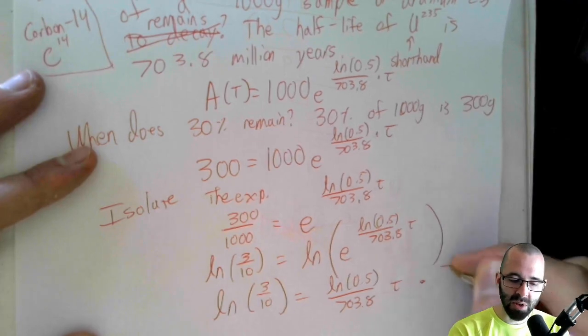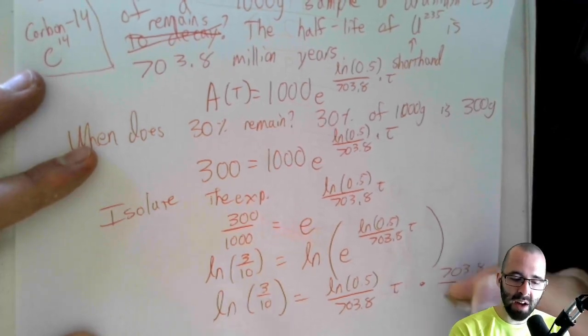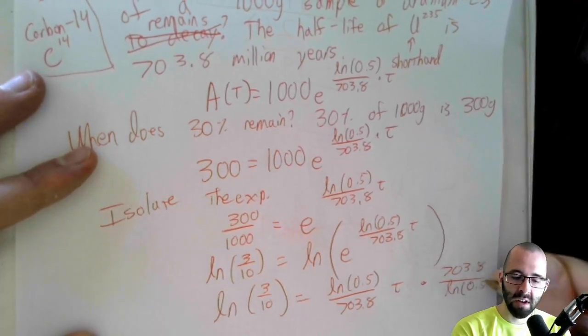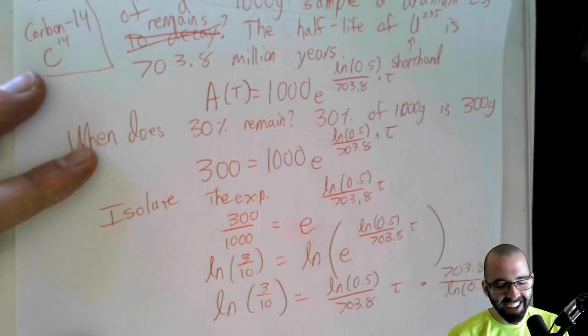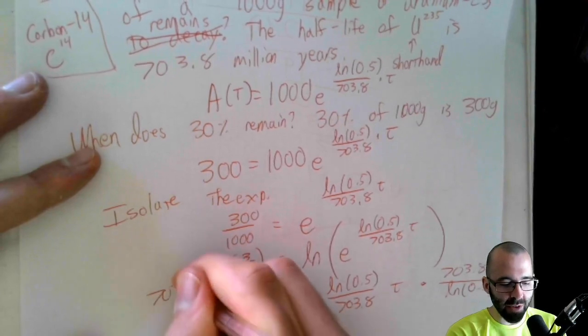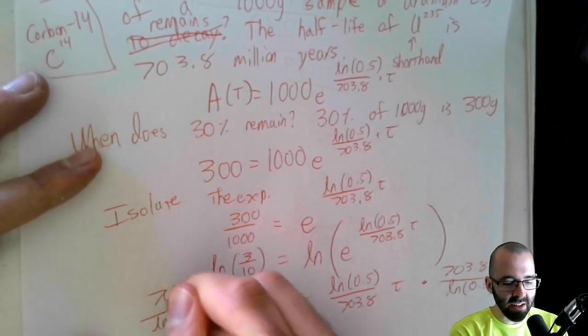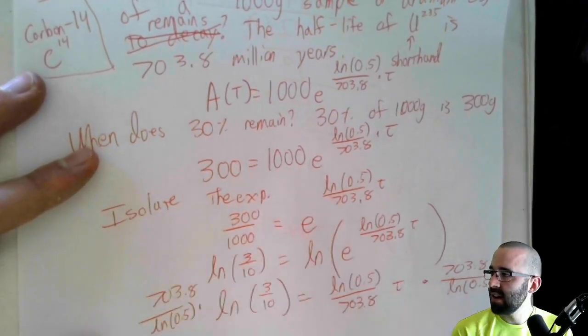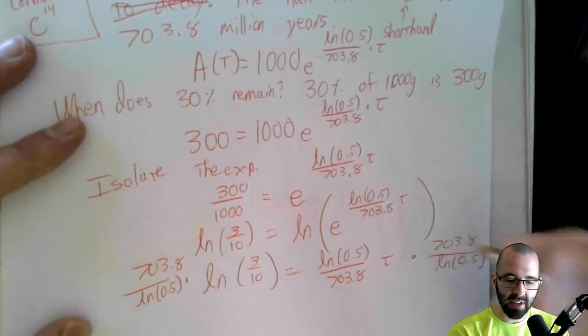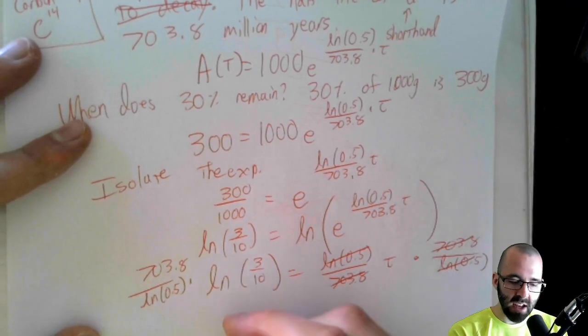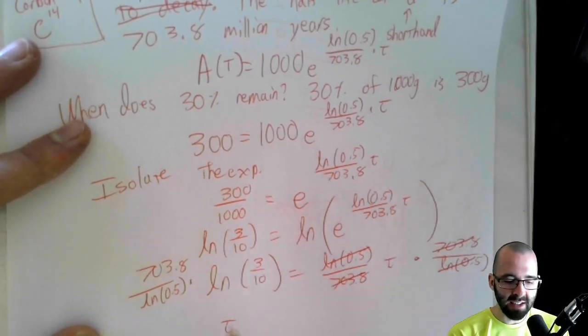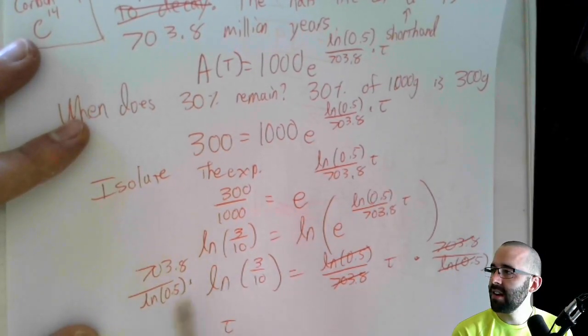On the right-hand side, we multiply by 703.8 divided by ln of a half. On the left-hand side, we multiply by 703.8 divided by ln of 0.5. And then, right, they cancel, and we're left with t is equal to this left-hand side.